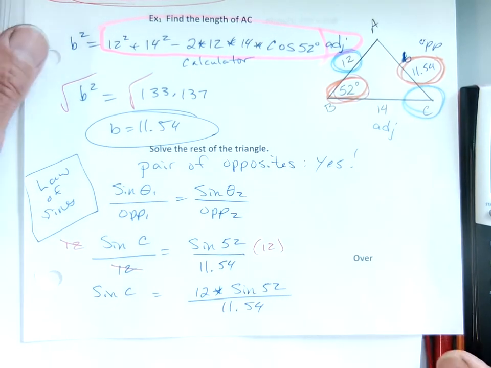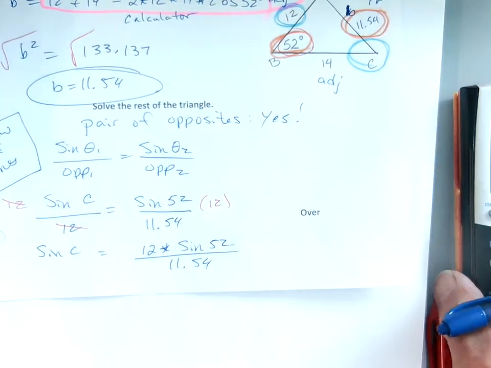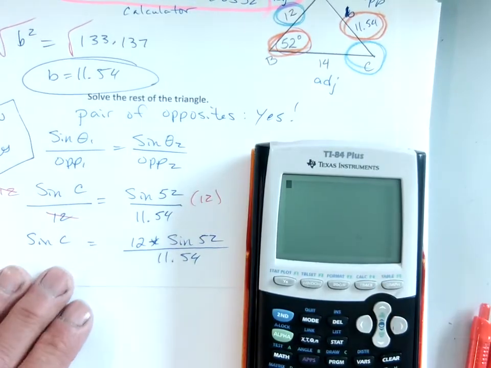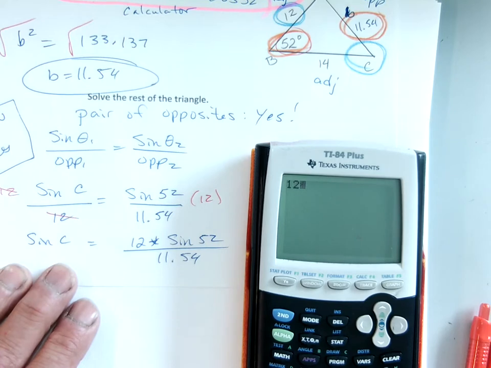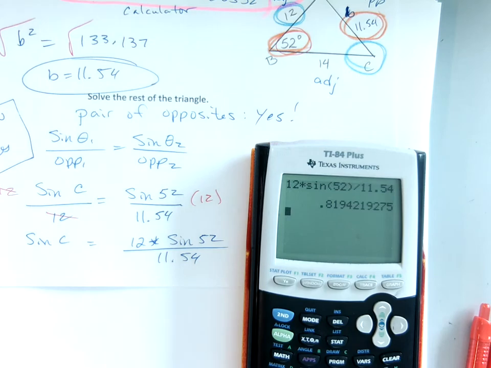Okay, I'm going to put that on my calculator. I'm going to go 12 times sine of 52 divided by 11.54. And I get a decimal, but that's right because I'm looking for the angle.